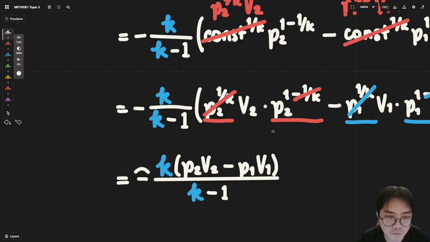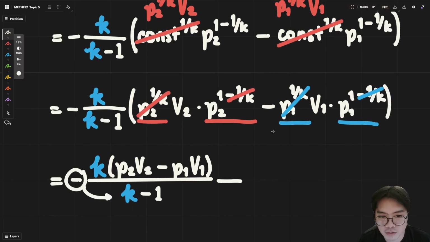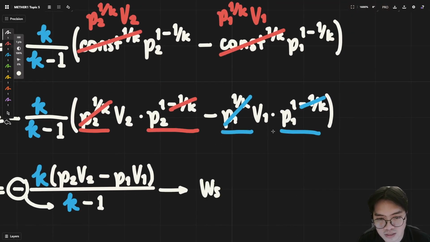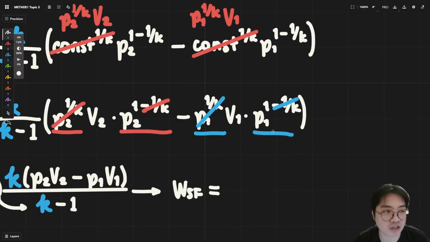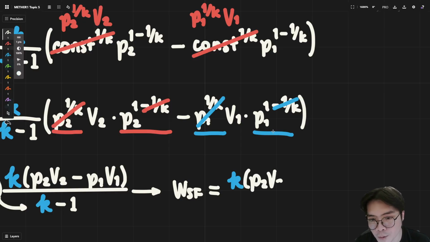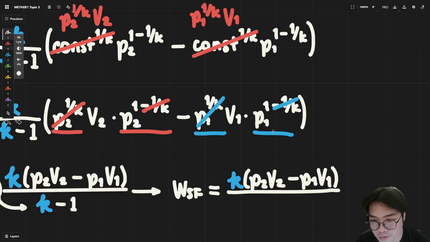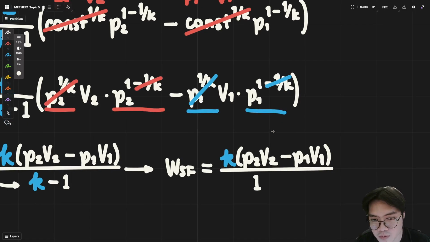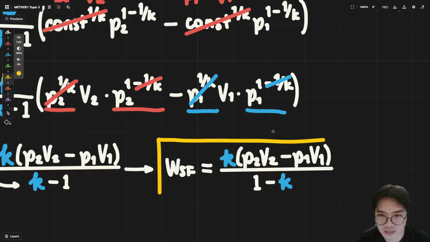We will force it inside the denominator. That means the steady flow work for an isentropic process is going to be k times P2 v2 minus P1 v1 all over, we will now reverse the k minus 1, 1 minus k. That is your steady flow work.